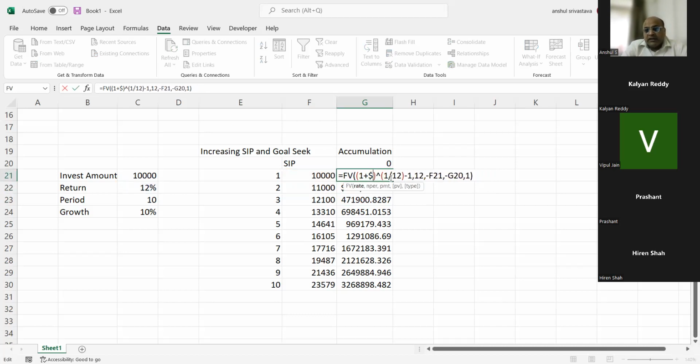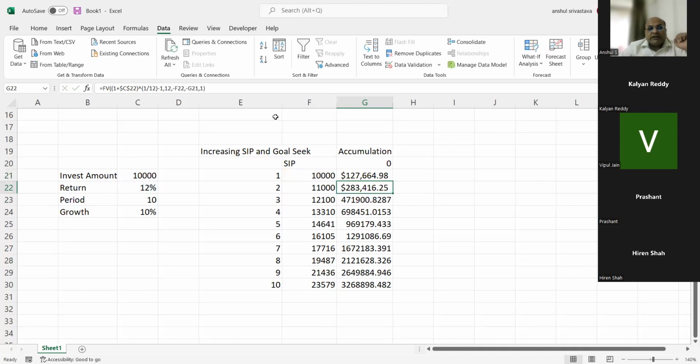If you do not have the F4 function, you do this: $C $22. Or you can select C22 and put a $ sign in front of it. That will fix the cell. It is called absolute referencing. Otherwise, Excel does relative referencing. You know relative referencing? Excel calculates as per this.